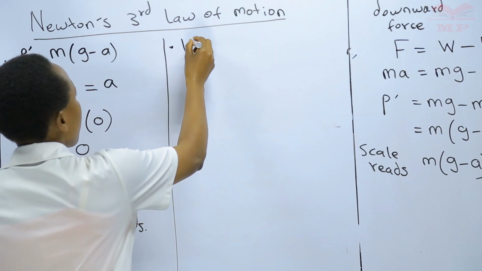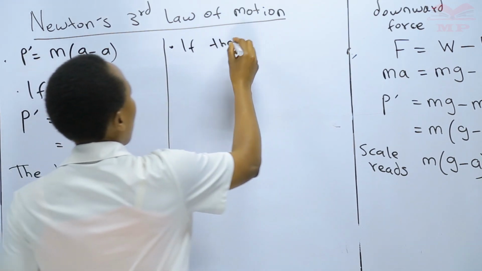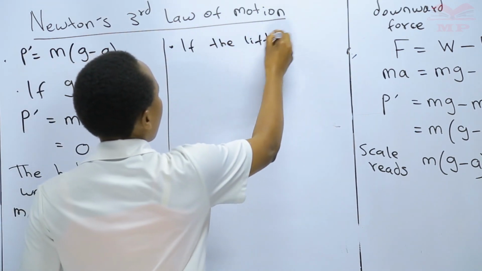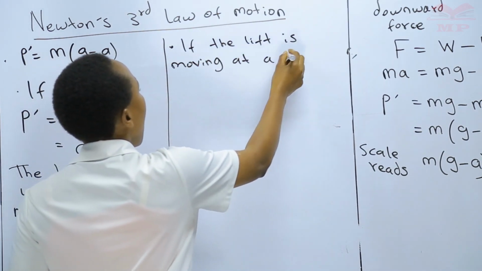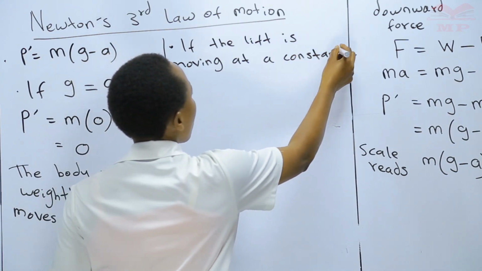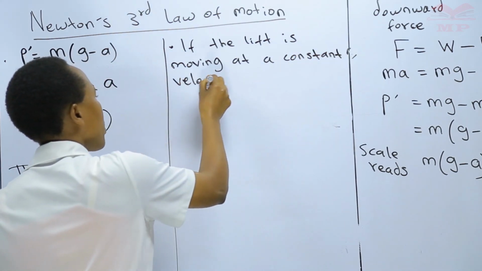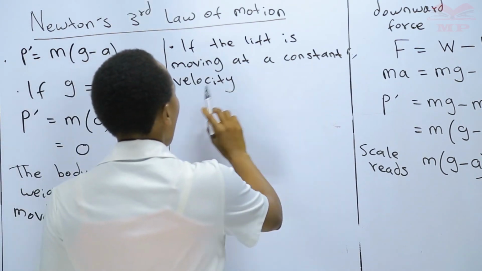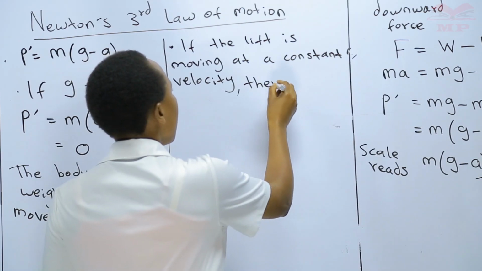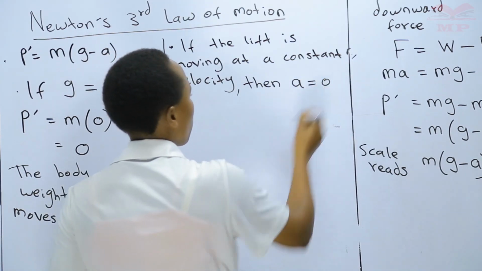Also, if the body or if the lift is moving at a constant velocity, the velocity is not changing, and therefore it simply means that the acceleration will be 0. If the lift is moving at a constant velocity, then the acceleration is equal to 0.